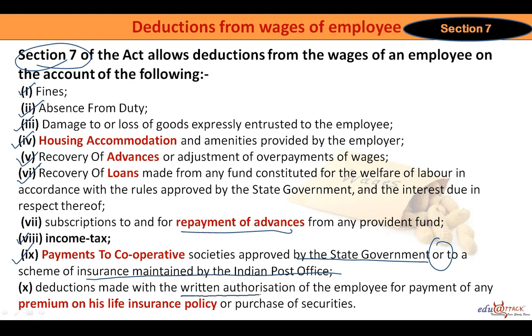In this case you have to take a written authorization from the employee for payment of any premium, like a life insurance premium on his life insurance policy, or even if he wants to purchase securities. If the employer wants to purchase securities from the wages of employees, then in future he will definitely provide those securities for the welfare of that employee. Then in that case also he can deduct that amount according to Section 7 of the Act.